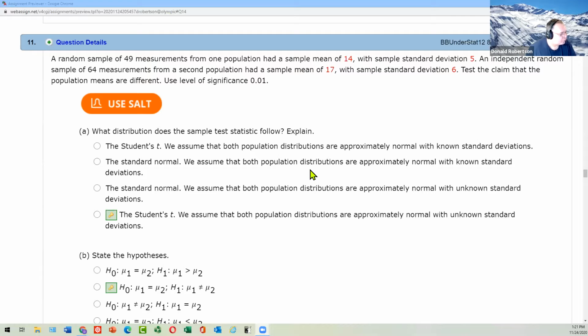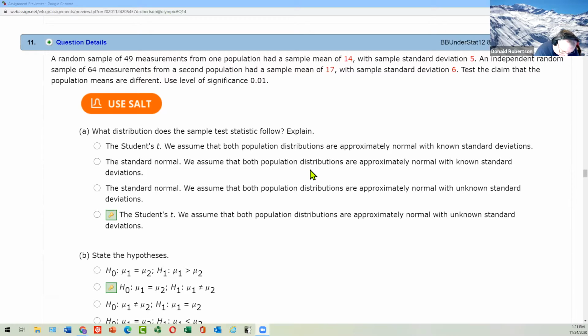So we have a whole load of information here. I'm going to keep it on the screen for a little while, although I'll be writing down some of it so that when I return to the white paper, you'll be able to see where it's all coming from. But right now, what do we have? A random sample of 49 measurements from one population. So they're not even giving it a name except one population.